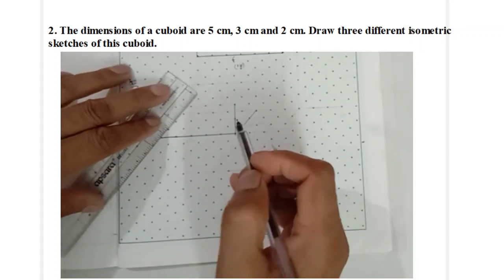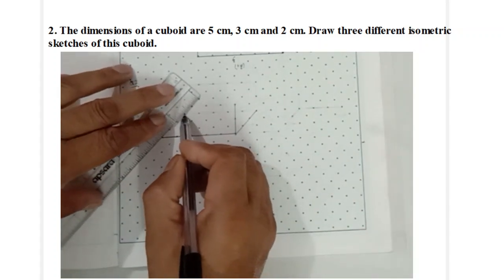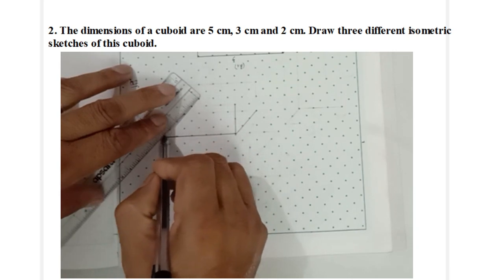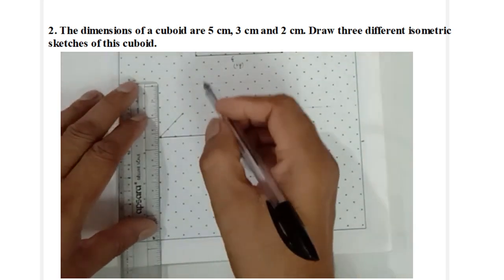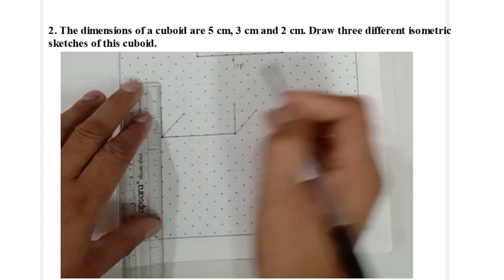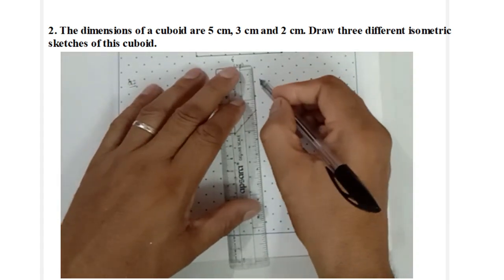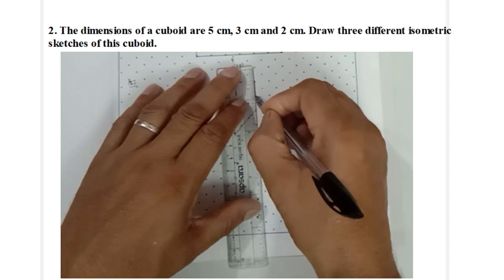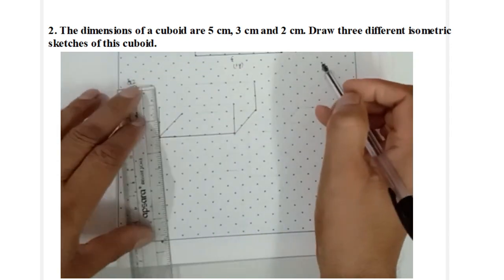Here let us take this breadth 3, that is 1, 2 and 3. Height is 2, that is 1 and 2. Here height is 2, that is 1 and 2.